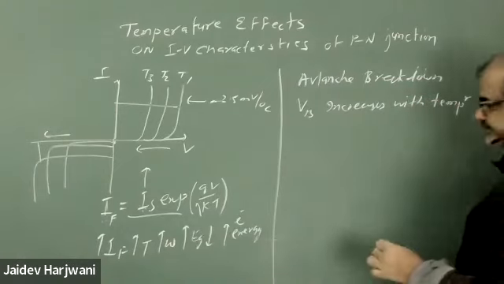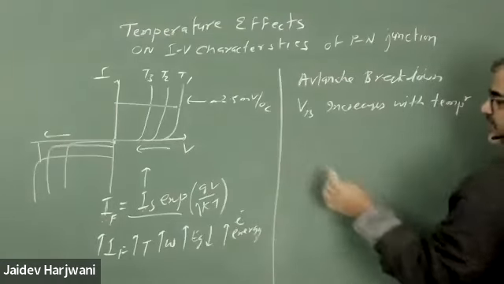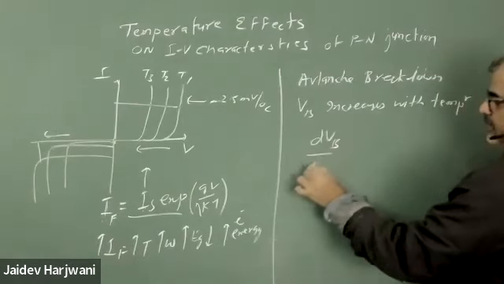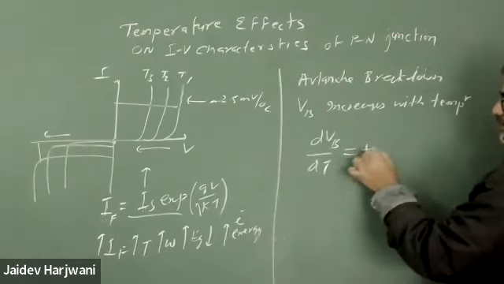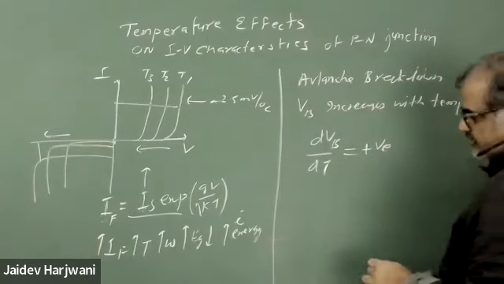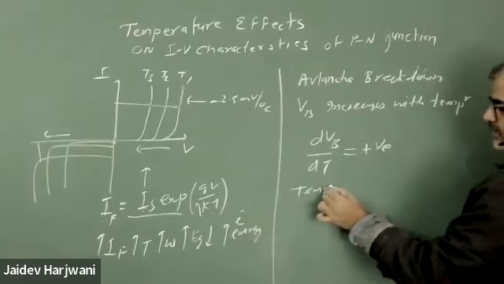That means VB has a positive temperature coefficient, so delta VB by delta T is positive for avalanche breakdown.